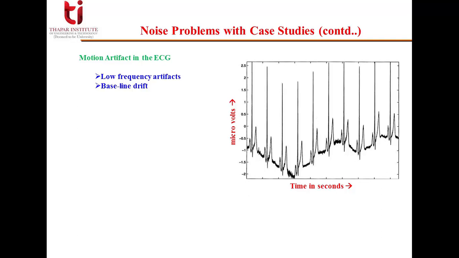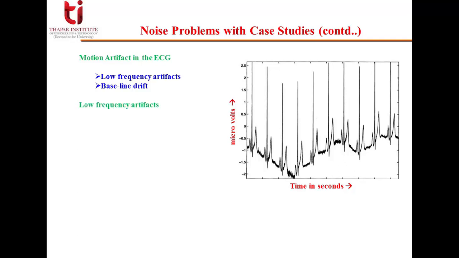Motion artifacts come from the fact that we usually use patch sensors at the point where we want to collect the potential, to make the process non-invasive. These sensors are stuck onto the body. So due to motion, the pressure between the skin and sensor changes, and it gives rise to a change in contact resistance, resulting in a change in the actual signal.